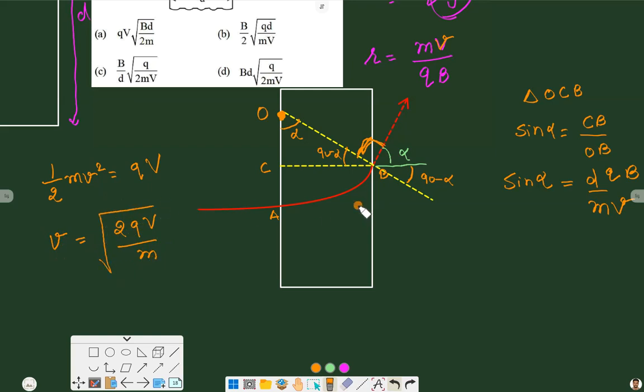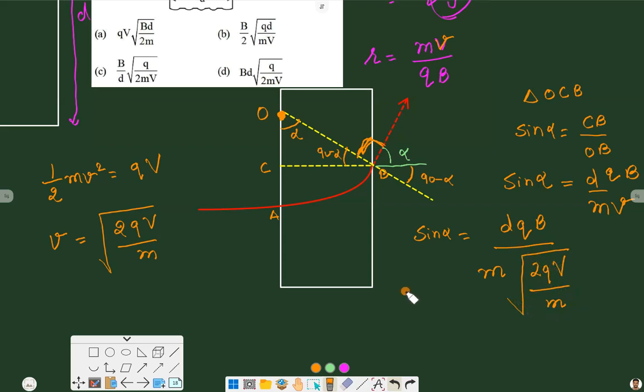Now putting this value here in sine alpha, we will have q d by q B times mass times velocity, and that velocity is under root 2qV by m.